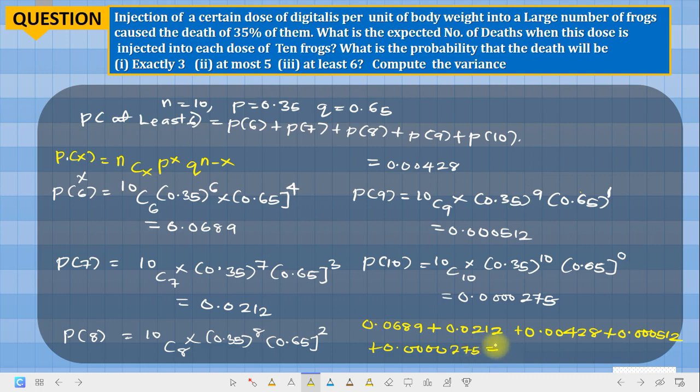When you sum everything here together, it's going to give us 0.0949, and that is our answer.